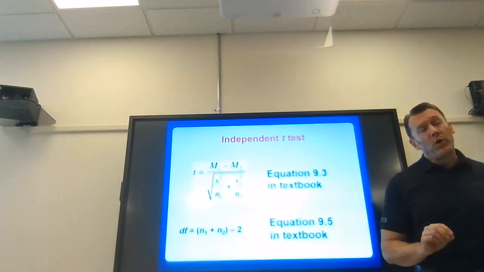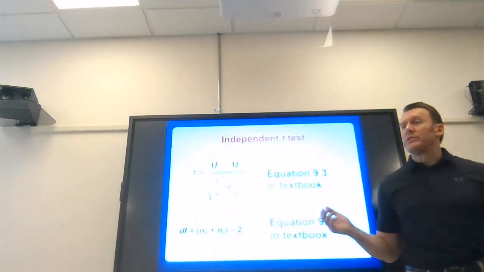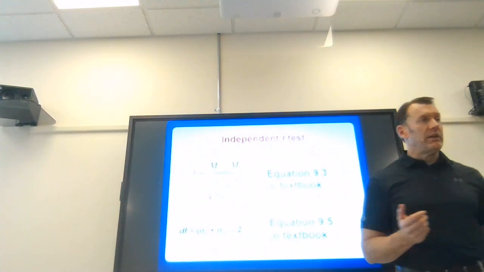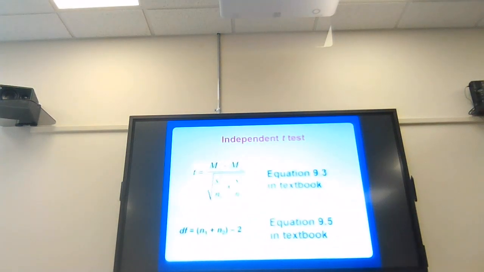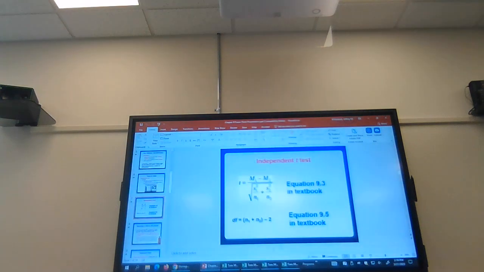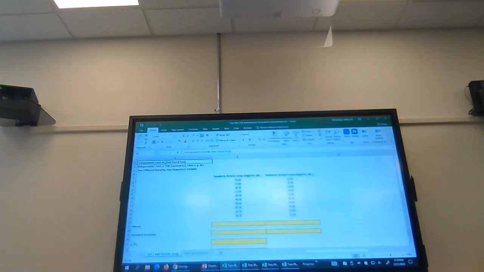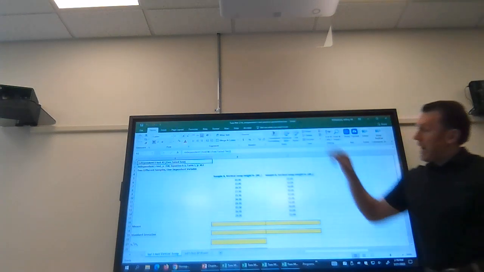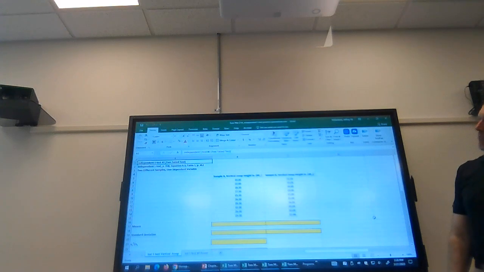Okay, so at this point, I'd like to go through just a couple examples of independent t-tests. Right here, this would be that first spreadsheet, the independent t-test practice spreadsheet.